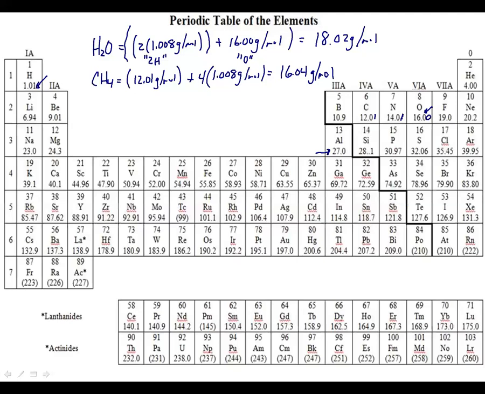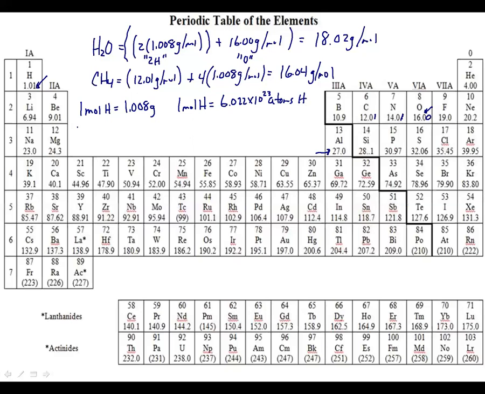Now, how this ties together molar mass with Avogadro's number is, for example, if I have 1 mole of hydrogen, that would equal 1.008 grams, and 1 mole of hydrogen would have 6.022 times 10 to the 23 atoms of hydrogen.